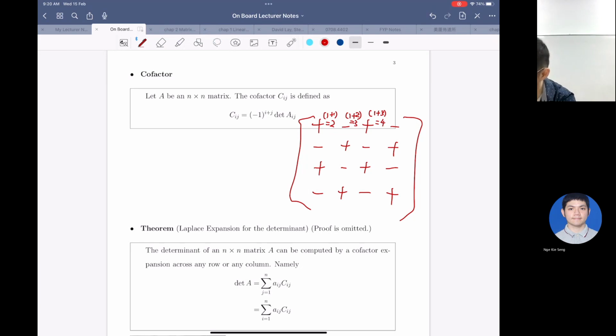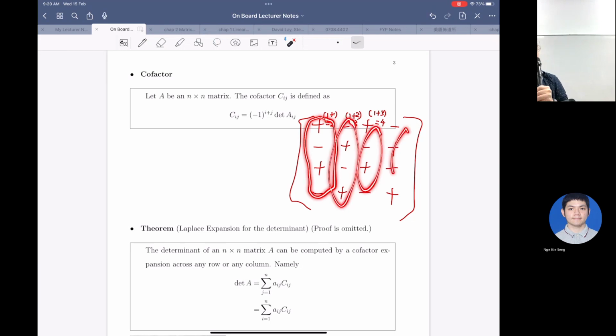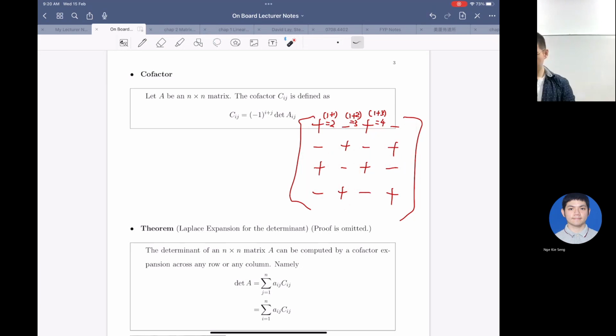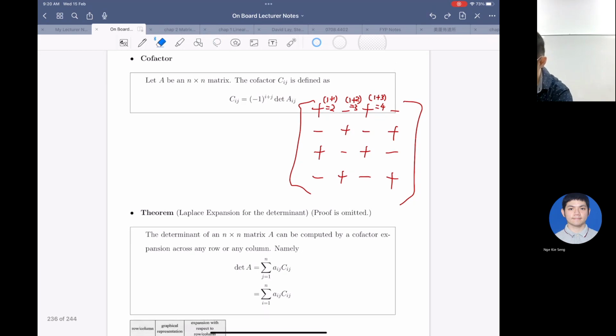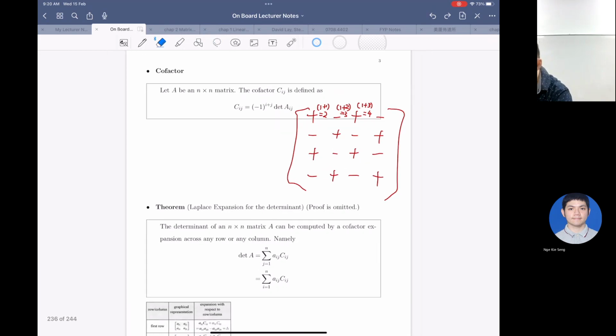So you will form the grid of plus minus here. You can determine this sign immediately from the plus minus grid. Then for the determinant of Aij, you need to form the minor and then compute the determinant.